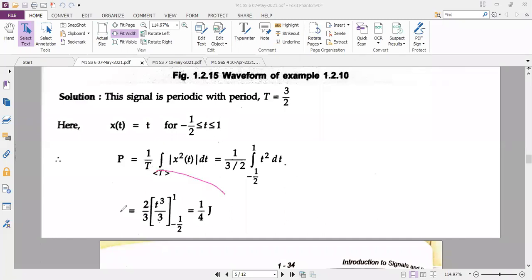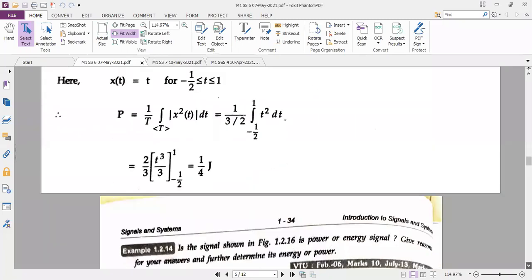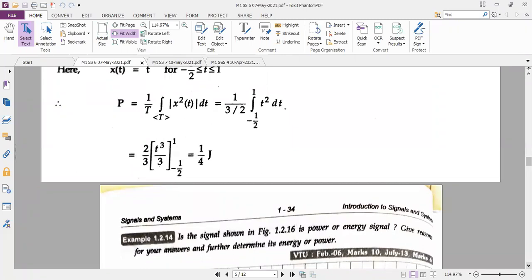Mahesh Babu, completed? Yes, ma'am. Just answer. 1 by 4. Did you solve it? Yes, ma'am. Okay, good. I hope everyone finished the problem.